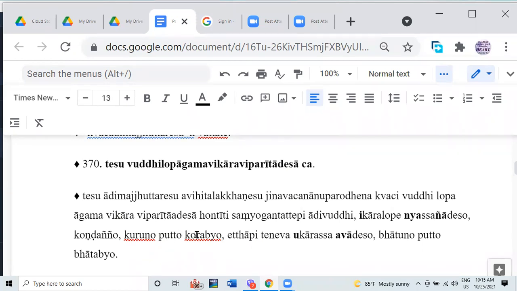I think if we explain the differences among these things, Vikara, Viparita, Adesa, it will be better if we see the example of Kachayana in this sutta. You will get clear. Okay, so let's go on.